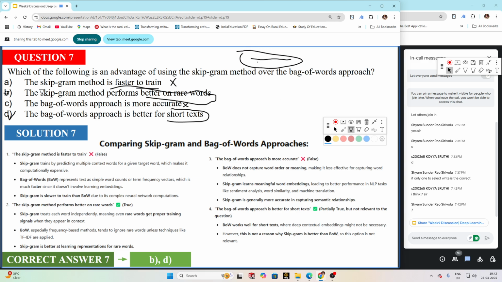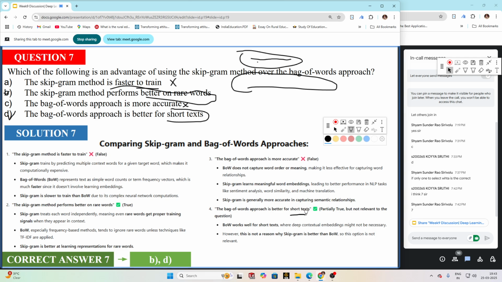So B and D are both correct for this question, but B is more accurate. The skipgram model performs better on rare words because we are finding the context of the words.